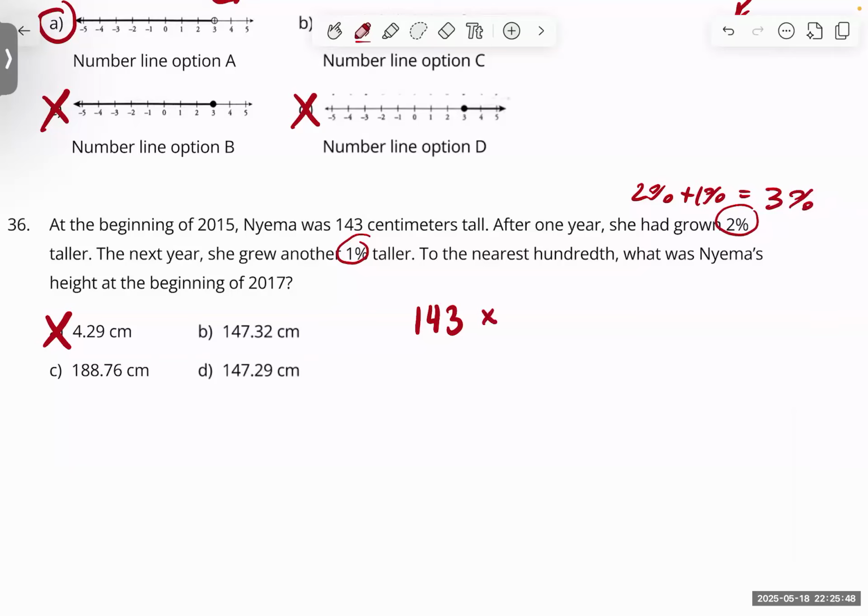So all we can do is multiply this not by 3%, because that will give us only 3% of the number 143. We have to multiply it by 1.03, or 103%, because we're taking 100% of her height already, plus the additional growth of 3%. So type this in your calculator.